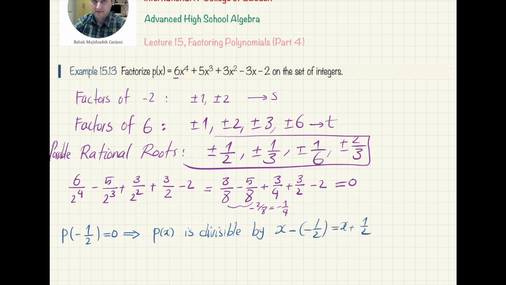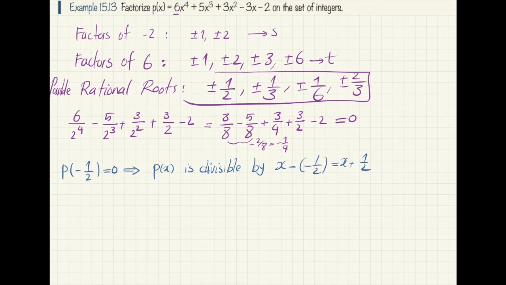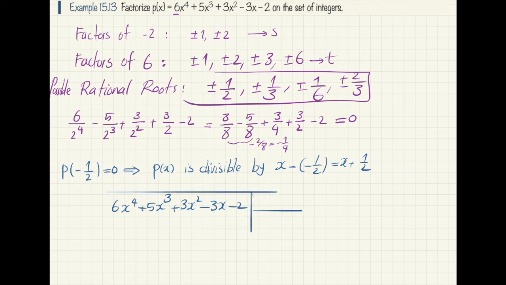Okay, so I can use the long division method again. So I would write 6x to the 4 plus 5x to the 3 plus 3x to the 2 minus 3x minus 2. And then I do the long division, but this time I divide by x plus a half.